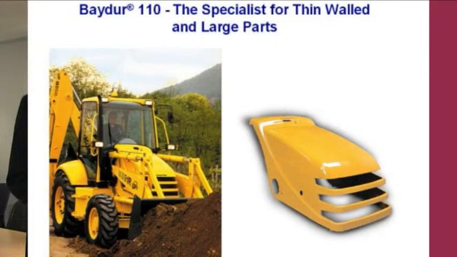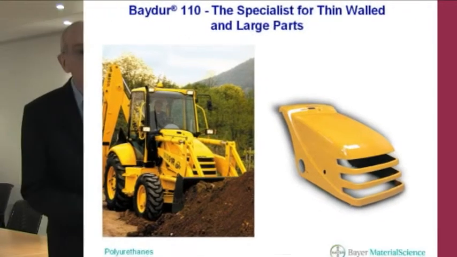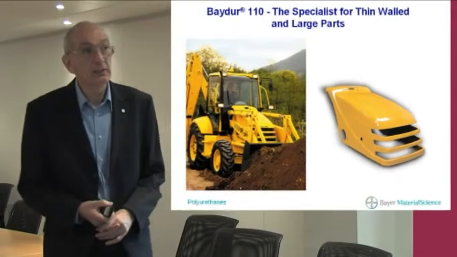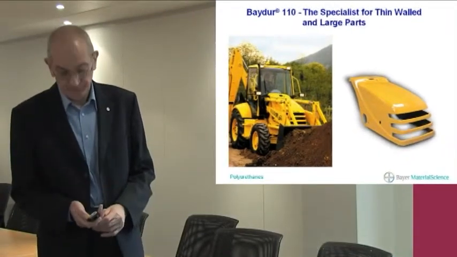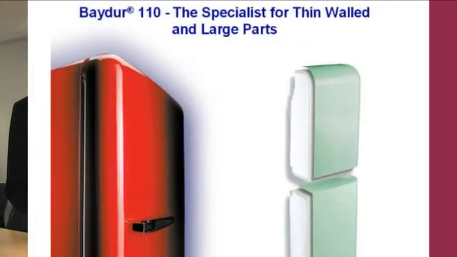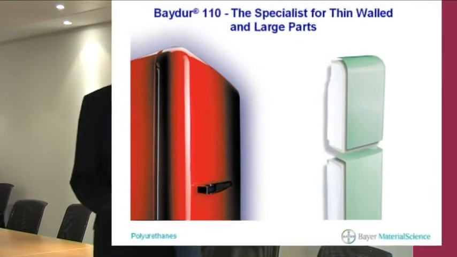Now we move on to Baydur 110, which is a much more robust material, being fully solid and can be used in much more aggressive environments, as in this example. We have an example here of a foil being used in the mould to achieve the finish required.